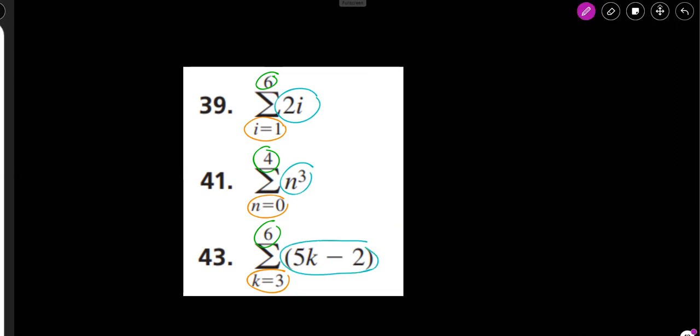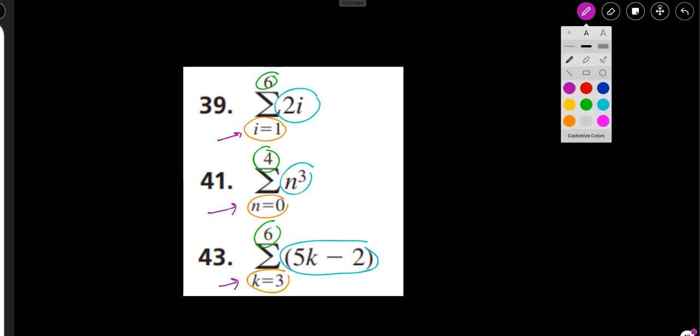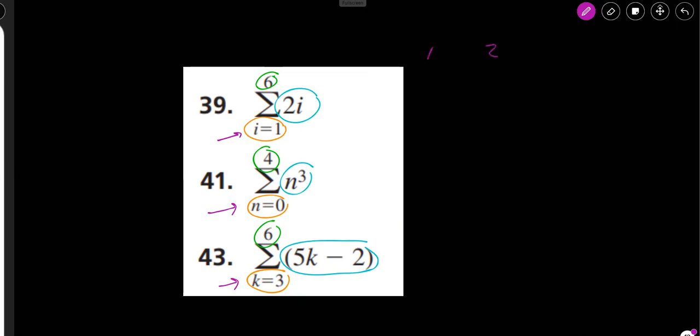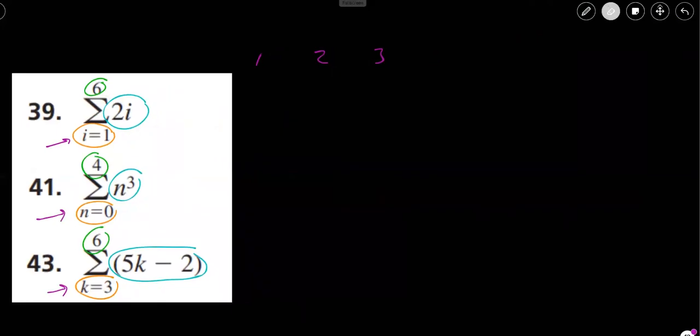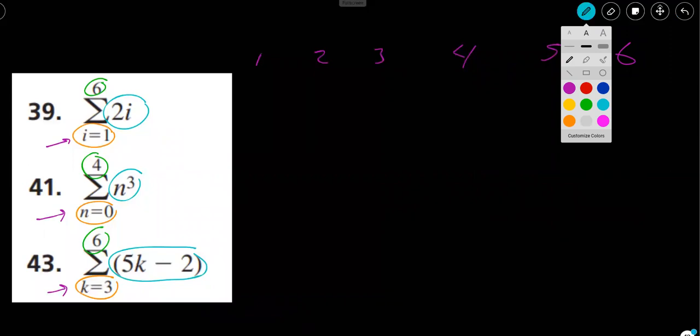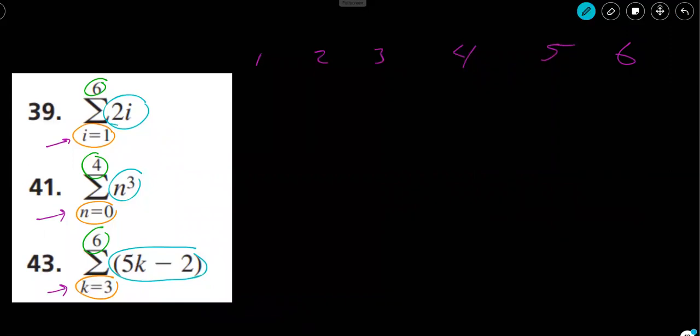On this first one, I'm going position 1 through position 6. Most of the time, we start at position 1, but you notice on these other two, we start at different positions. So on this first one, I've got the summation, position 1, 2, 3, 4, 5, and 6. And the value at each position is just going to be 2 times the position number.